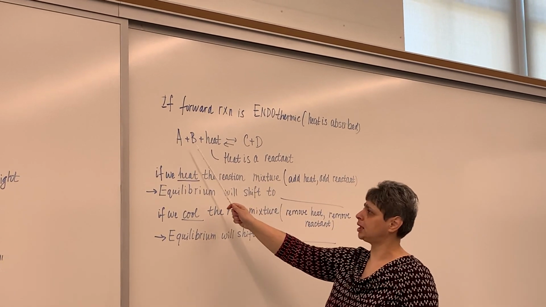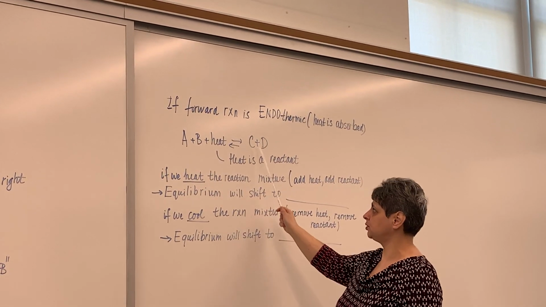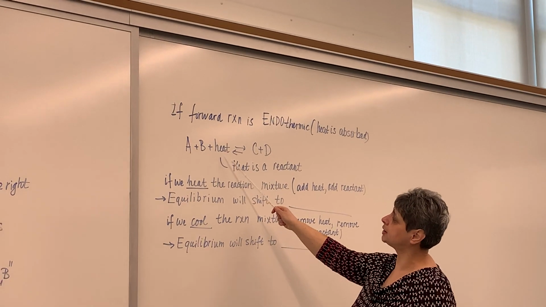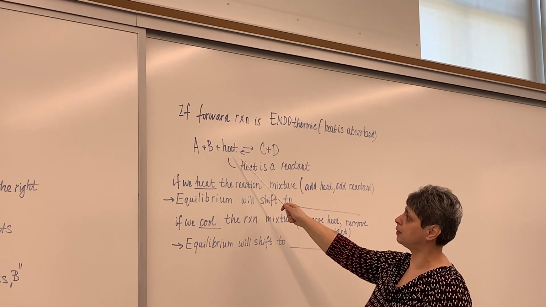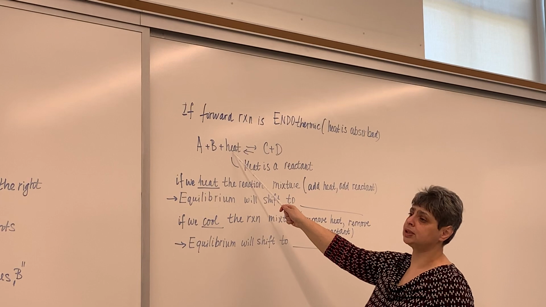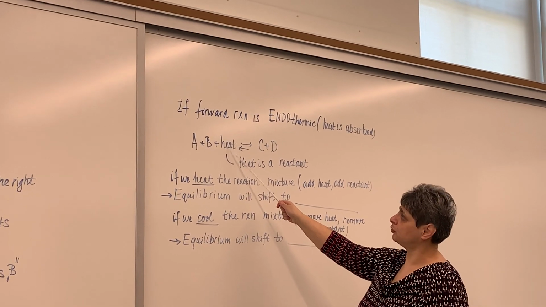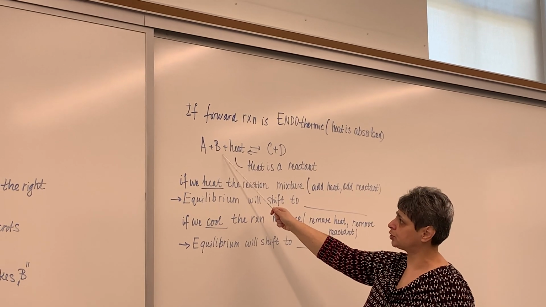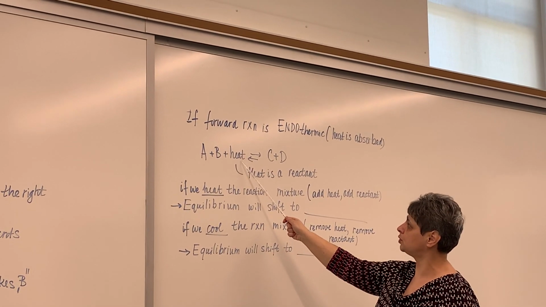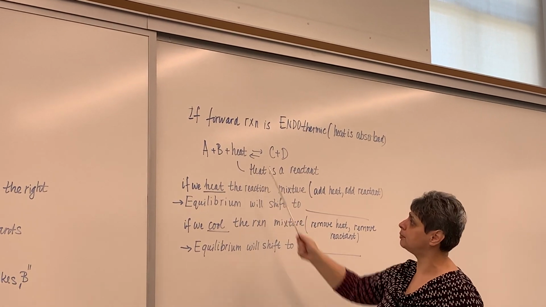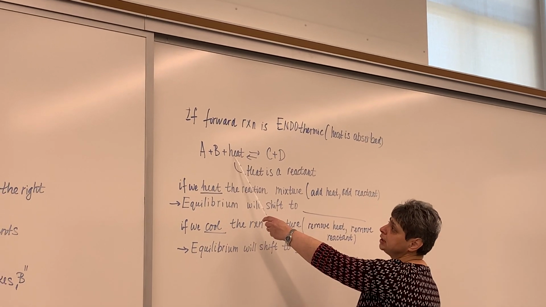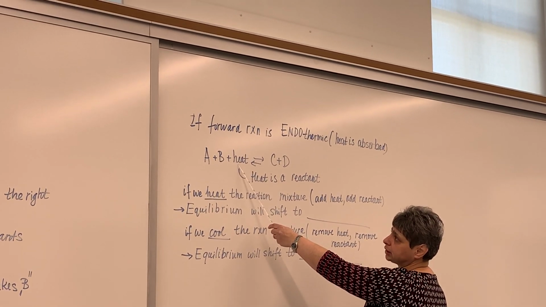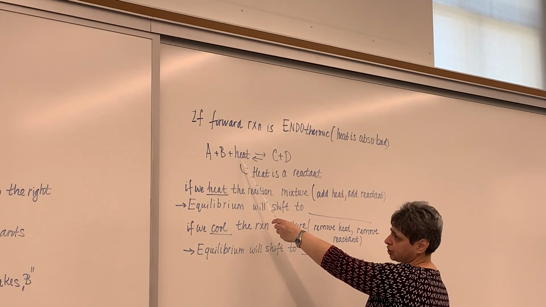So once again, our hypothetical reaction, A and B producing C and D, but now because it's an endothermic reaction, heat is being absorbed, so we treat heat as a reactant. Because in the forward reaction, reactants are used up, and heat in this case would also be absorbed or used up. So now we treat heat as a reactant, not as a product like we did for the exothermic reaction.